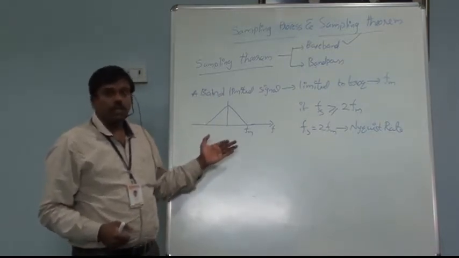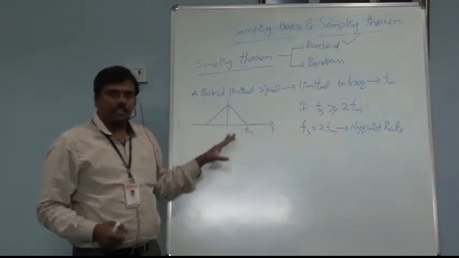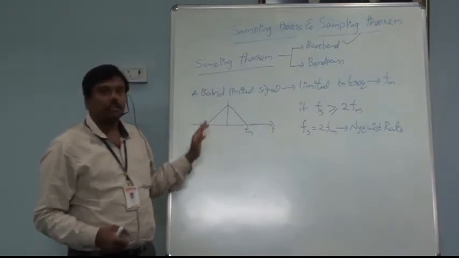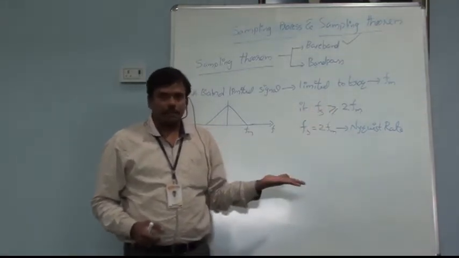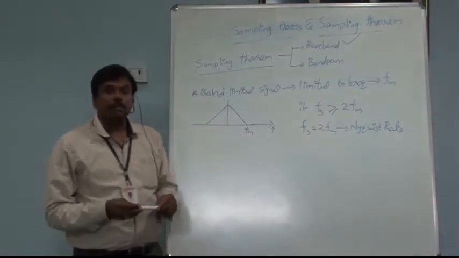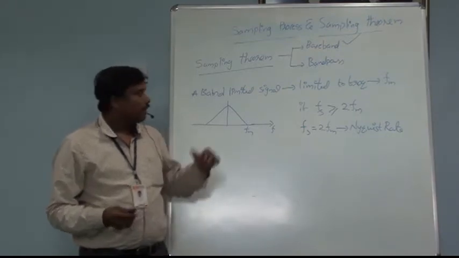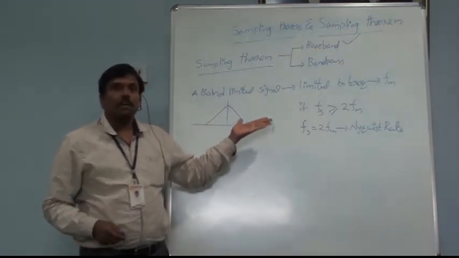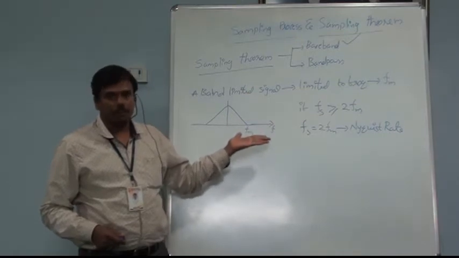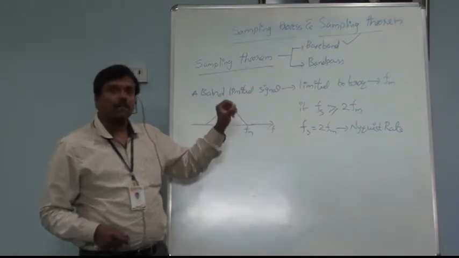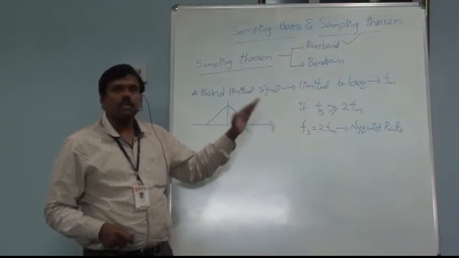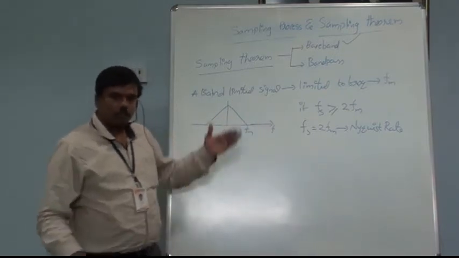But even though you are losing information in the time domain, you are able to reconstruct the original information if you follow this condition. How is it happening? In the time domain we are losing the information, but in the frequency domain we are not losing the information. Because of that, we are able to reconstruct our original information from the samples. Right? So that we will see now.